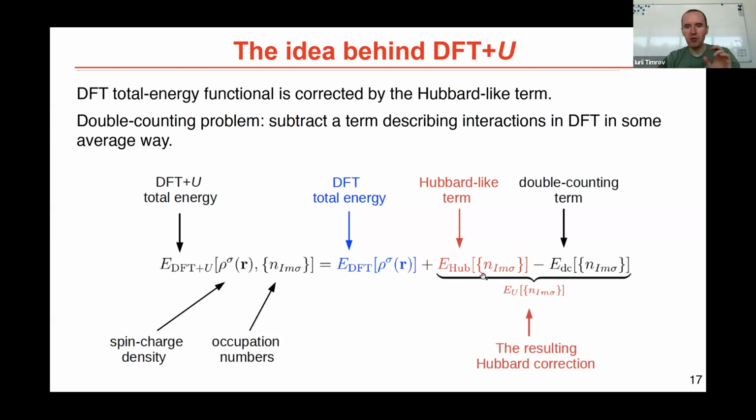But now with the red term, we describe the correct localization of 3D electrons, like in the Hubbard model. Okay, fine. But now we need to remove from the blue term the wrong description of 3D electrons, and that's called double counting. So now we are fine because we add the correct description and remove the wrong description. That's it. All the rest of DFT remains the same.